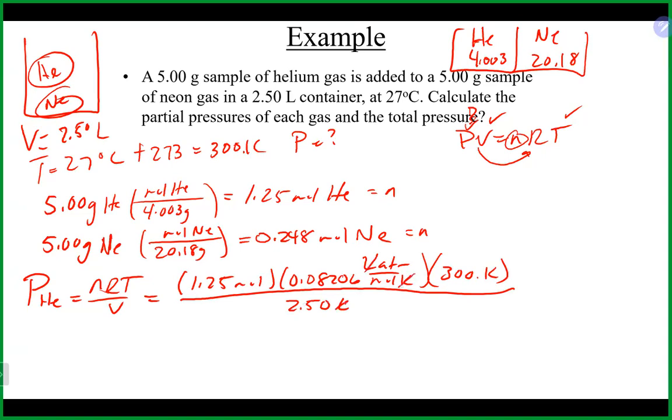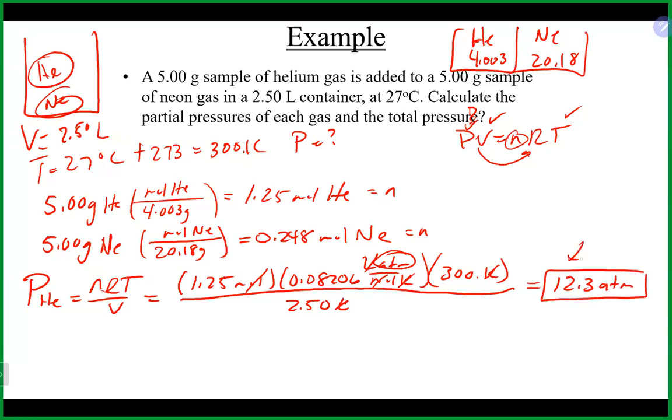Liters will cancel, Kelvin will cancel, moles will cancel. That's going to leave us atmospheres, which is a pressure, and that's good because that's what we're looking for. And we will end up here with about 12.3 atmospheres.